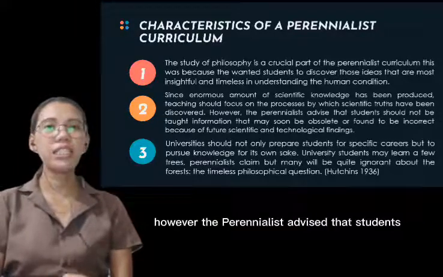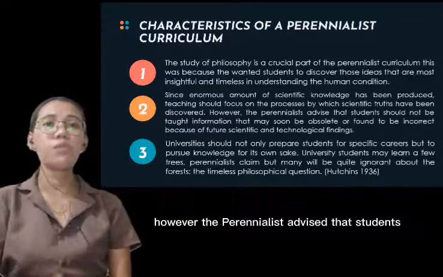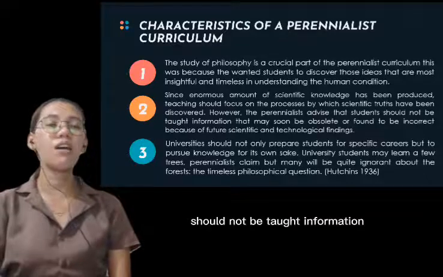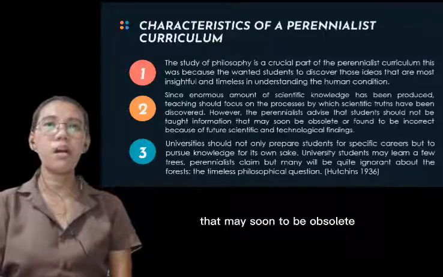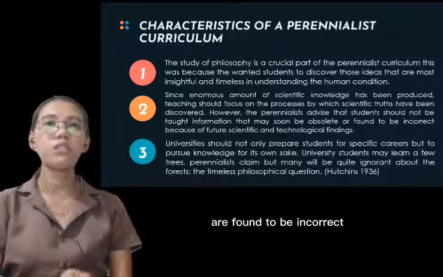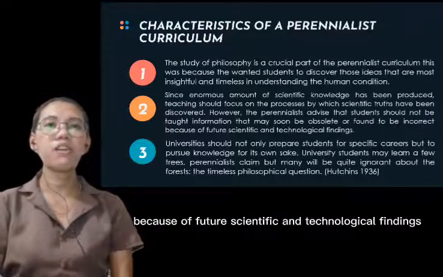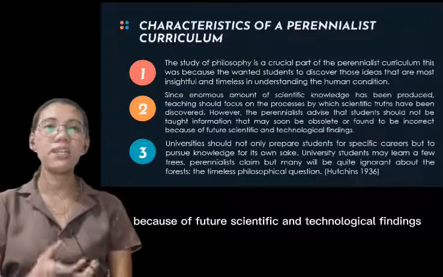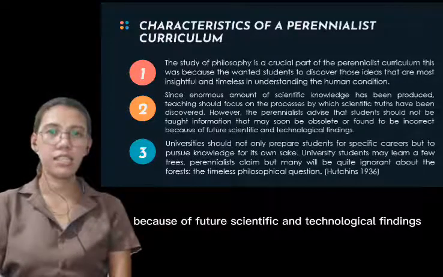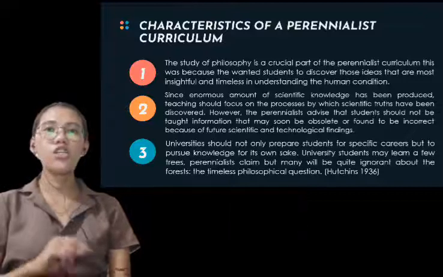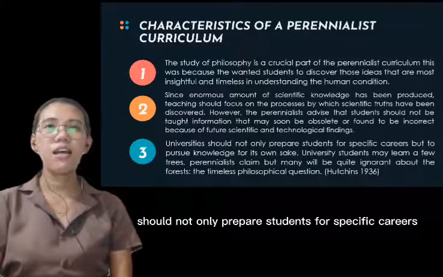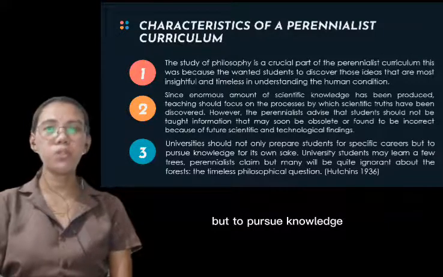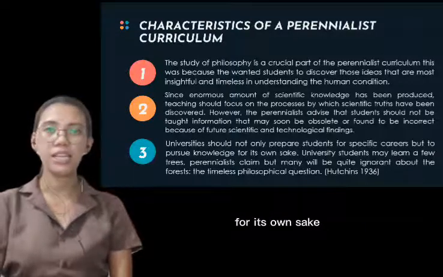However, the perennialists advise that students should not be taught information that may soon be obsolete or found to be incorrect because of future scientific and technological findings. Universities should not only prepare students for specific careers but to pursue knowledge for its own sake.